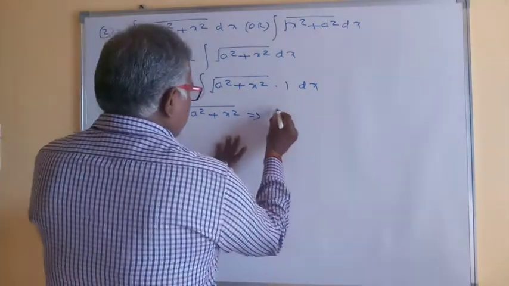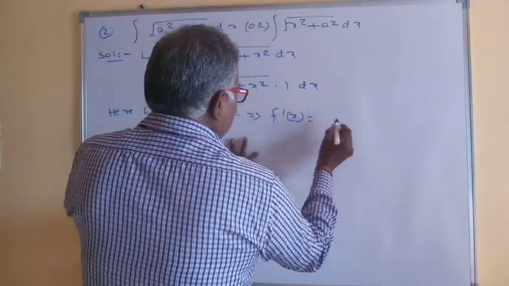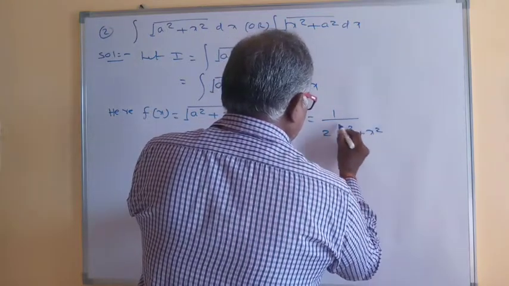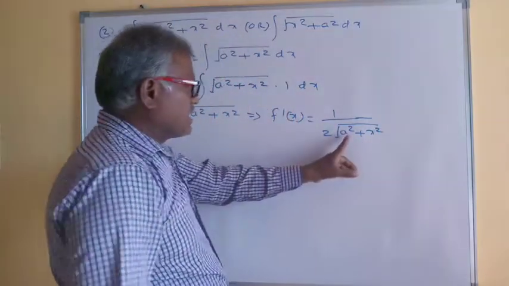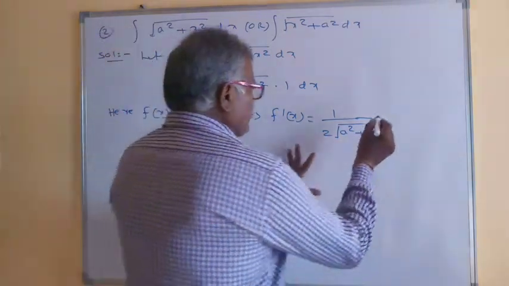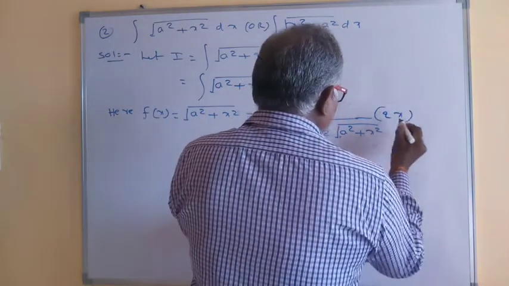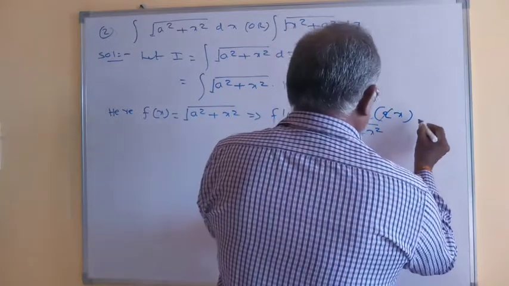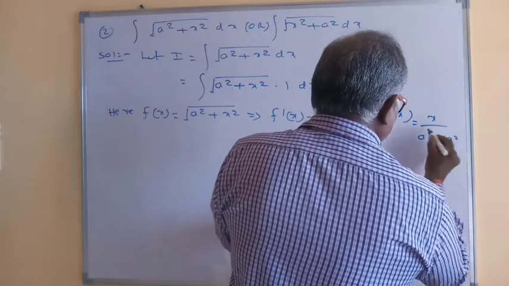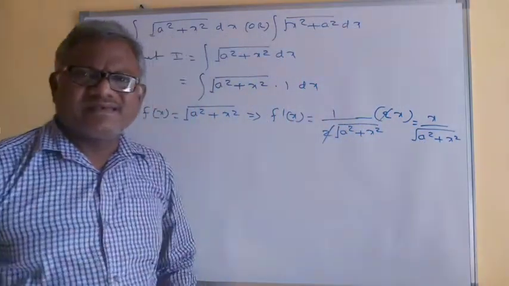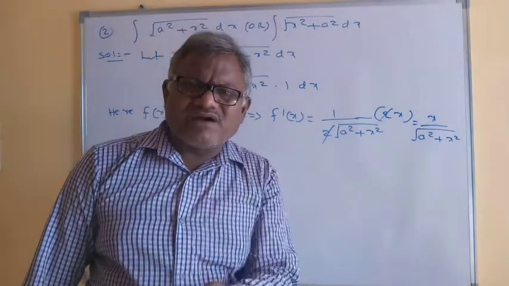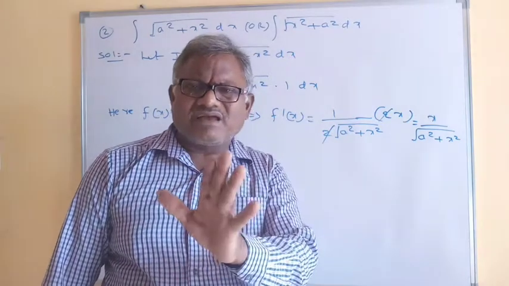Now the derivative of this, f dash x: root x derivative is 1 by 2 root x. Again under this function a square is there, a square derivative 0, x square derivative 2x. Here the 2 gets cancelled. So finally x by root of a square plus x square. The derivative of root of a square plus x square is nothing but x by root of a square plus x square. Is it clear?